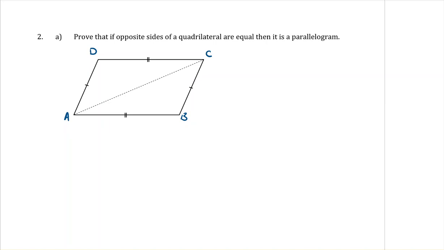So the triangles that I'm going to look at are triangles ABC. So ABC is that one, and triangle CDA. CDA, this triangle here.